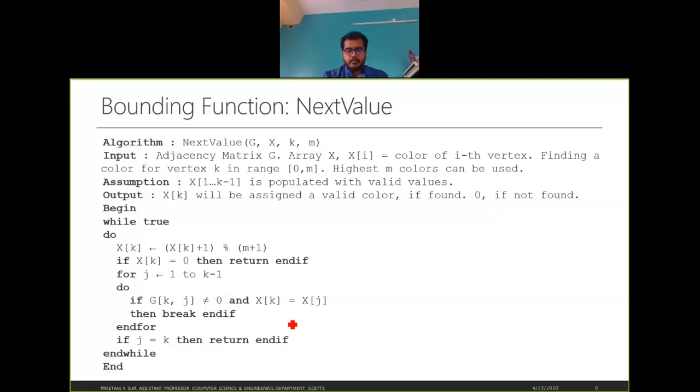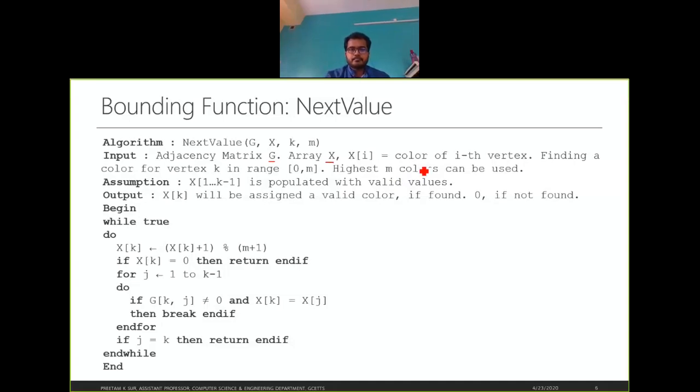Coming to the algorithm, with this we can write an algorithm for the problem. We'll be given the adjacency matrix g, and the solution vector x, where xi denotes the color of the ith vertex. We have to find a color for vertex k in the range 0 to n.